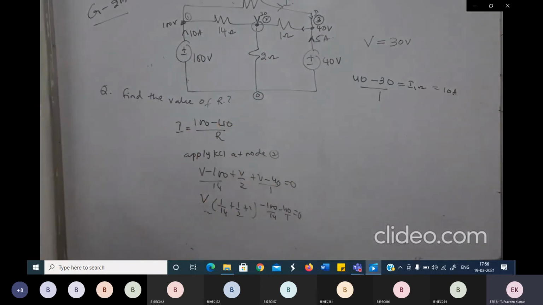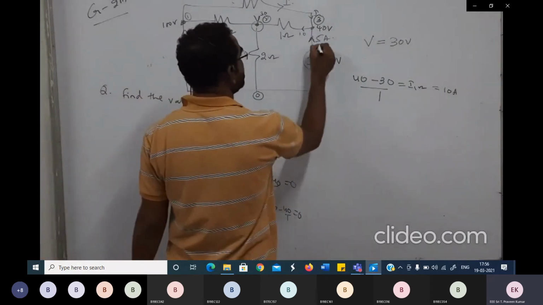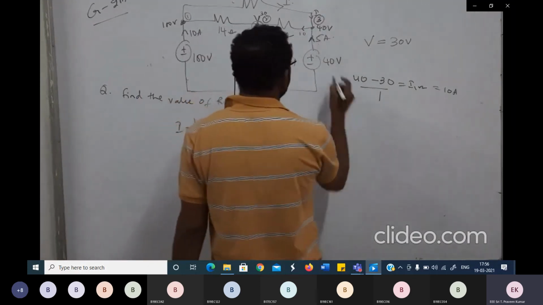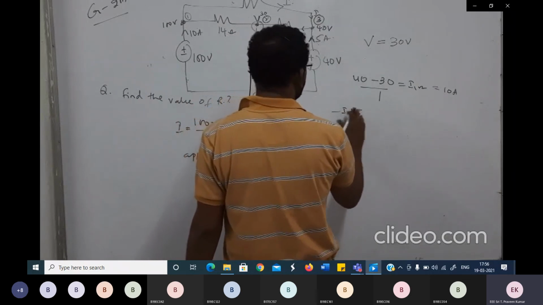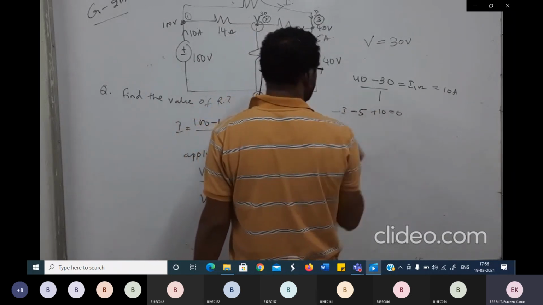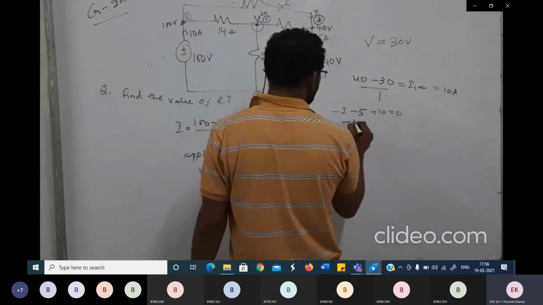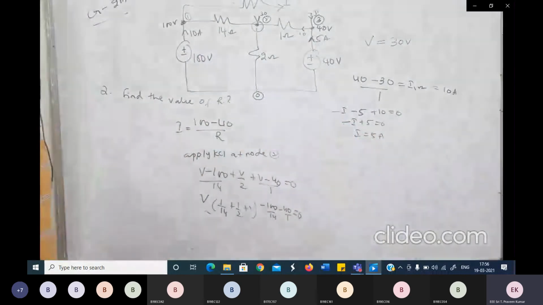If this is 10 ampere, and this is your 5 ampere, then with I towards the node, minus I plus 5, minus 5 plus 10, equals 0. So this is minus I plus 5 equals 0, or I equals 5 ampere.